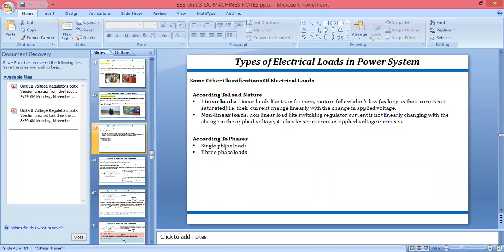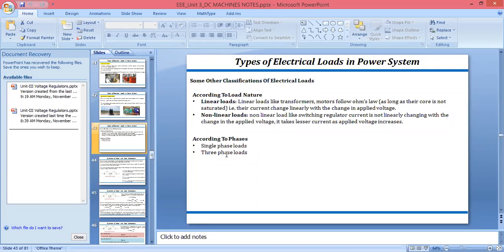If we are using single phase, at that time we can say that type of load is a single phase load. Single phase means what? The power supply is 230 volt actually, and in three phase we can use the voltage 415 volt for the three phase circuit.